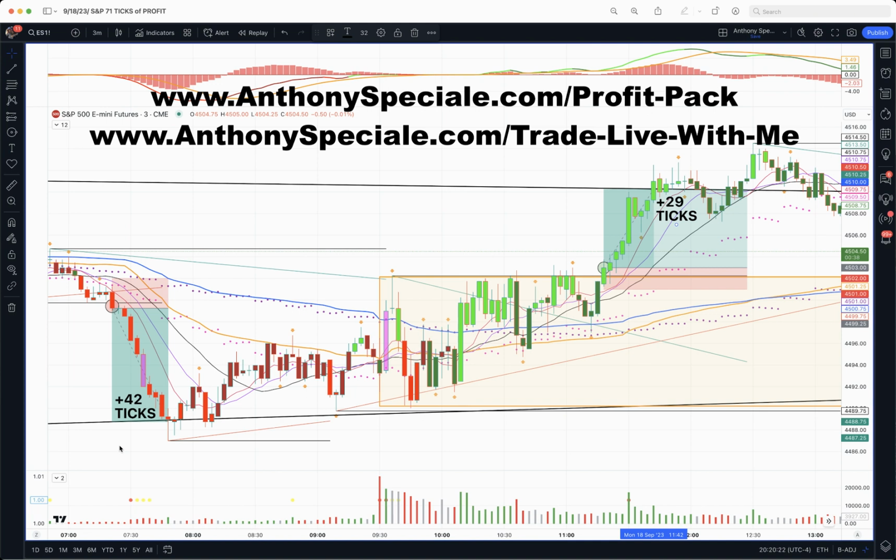I have learned all the ins and outs over the past dozen years or so on how to interpret price action from a long-handed perspective, meaning I do it by hand. Well, guess what that by hand analysis afforded the daily live trade room members? That's right. 42 ticks to the downside, 29 ticks to the upside.